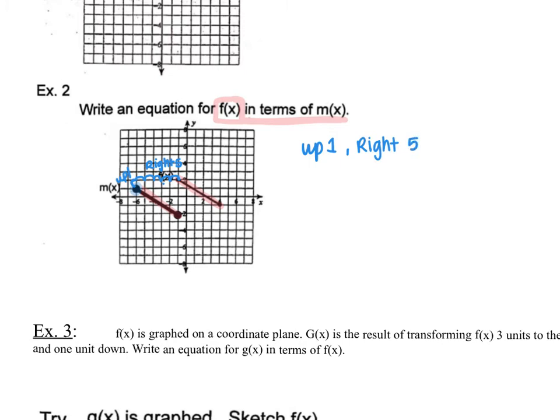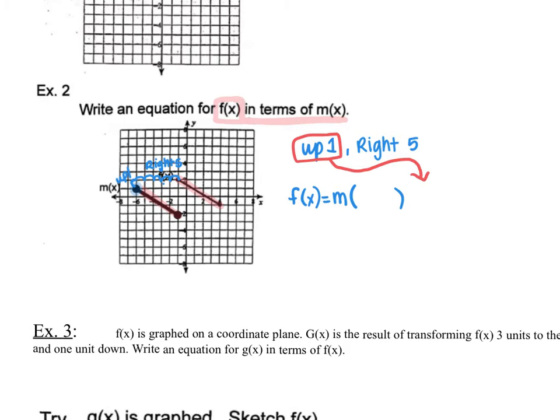So when we're writing this, f of x, which is the equation that we want, has to equal m. And what did we do? So we want up 1. This up 1 has to be outside the parentheses. So we're going to move it here.